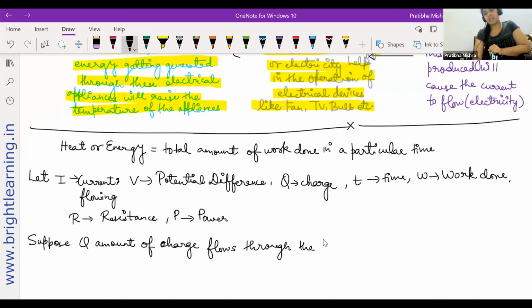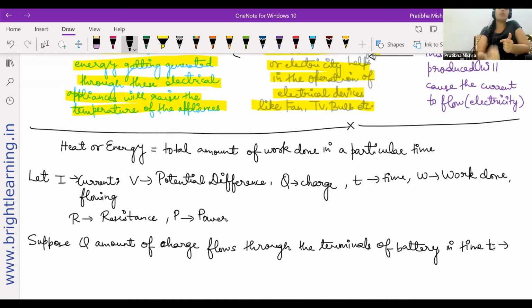It flows through the terminals of the battery or cell, in time t. How much will be the work done to move that charge from one place to the other? You need to write that. So hence, the work done to move the charge.